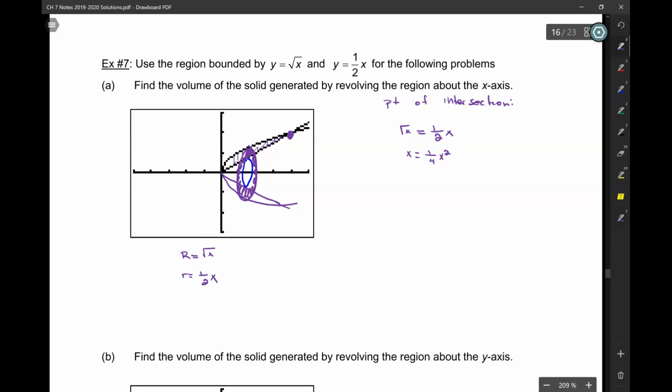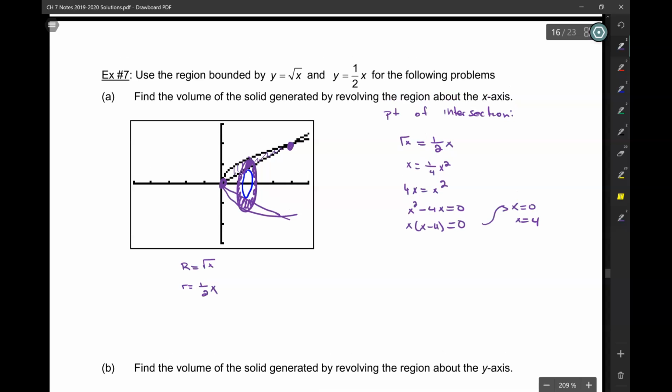So it's going to be 4x equals x squared. So x squared minus 4x equals 0. Now we take out an x. So this happens at x equals 0 and x equals 4. And sure enough, x equals 0 and x equals 4 is where they meet. Now, for the y-coordinate, you take each of these points and plug it back into one of the functions. So this is 0, 0, and this is 4, comma 2.